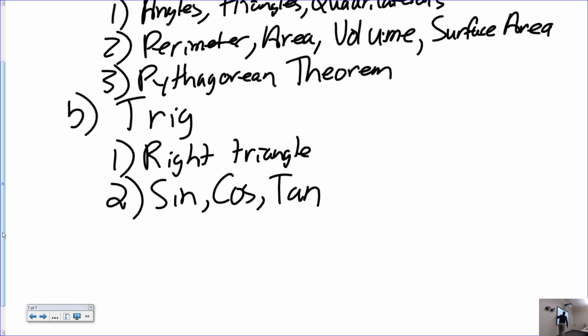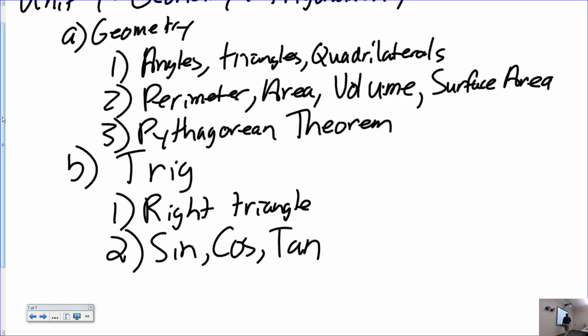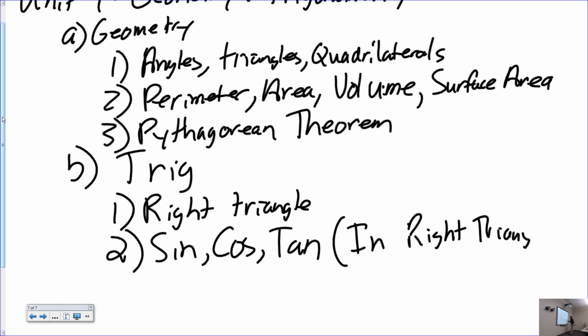All right. So note, folks, that we are only going to be doing this in a right triangle. We will not do any kind of sines and cosines or tangents in an oblique triangle. You don't get to learn the law of sines or the law of cosines. They took that out. Apparently, in the real world, there is no such thing as a triangle that is not a right triangle.